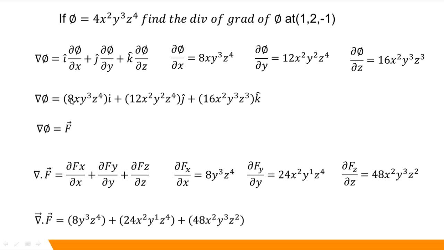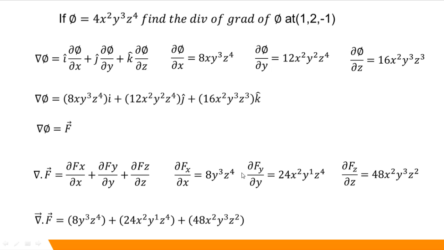What is the x component? In the first case, f of x is 8x y cube z to the power 4, 12x square y square z to the power 4 is f of y, and 16x square y cube z cube is f of z. Now you take dou f of x by dou x. Differentiate this with respect to x.